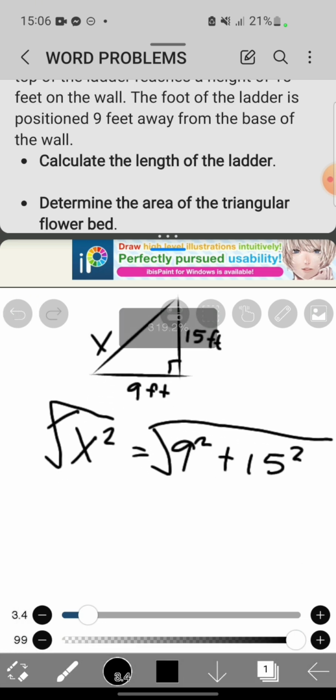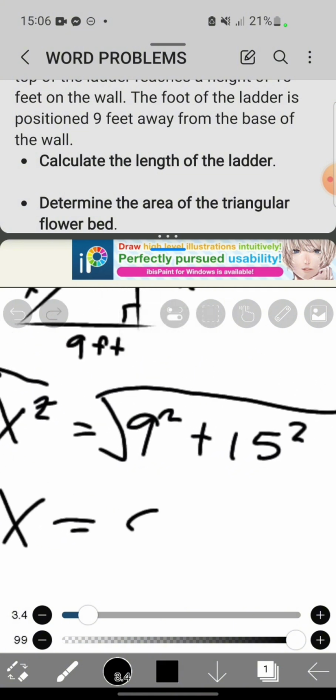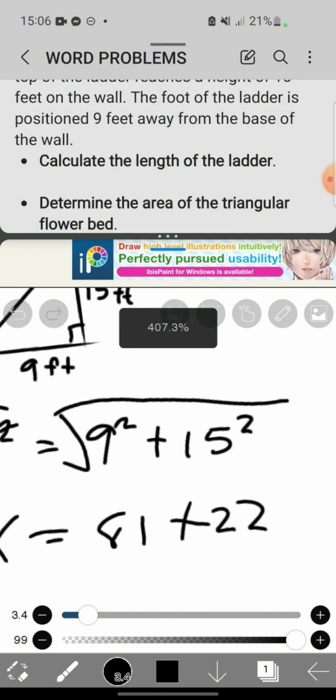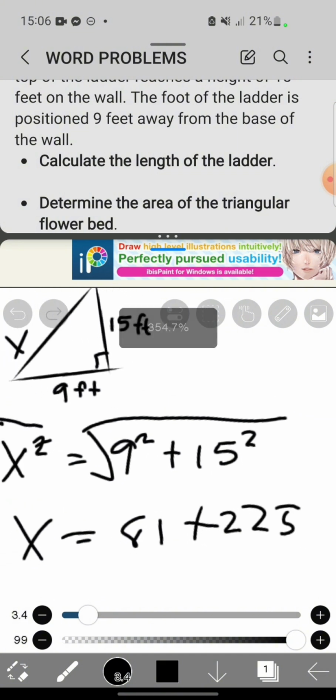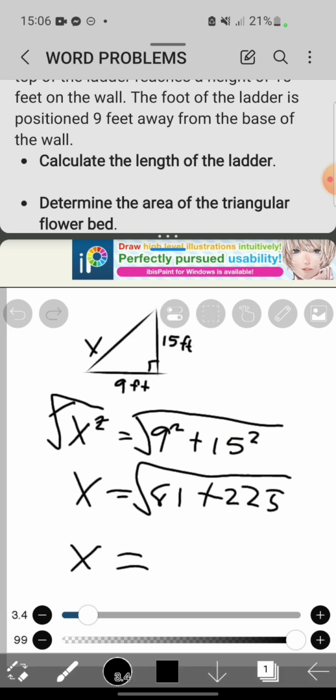The square root cancels the square, so x is equivalent to 81 plus 15 squared, which is 225. So just add 225 plus 81, which is equivalent to 306.